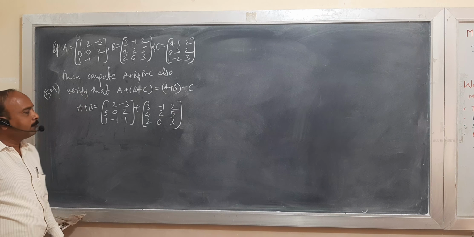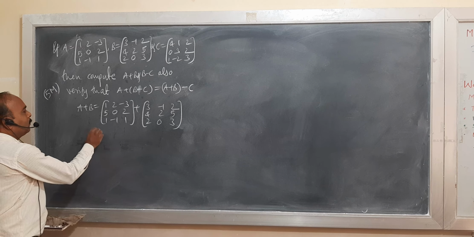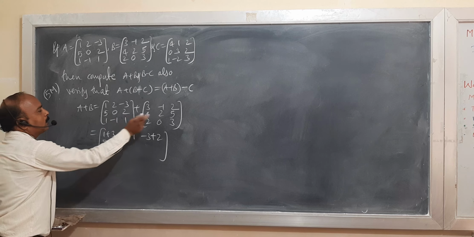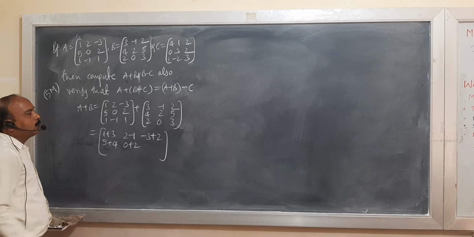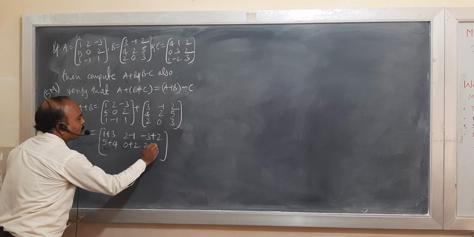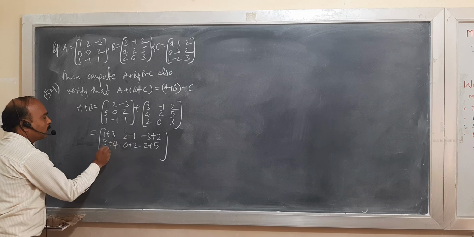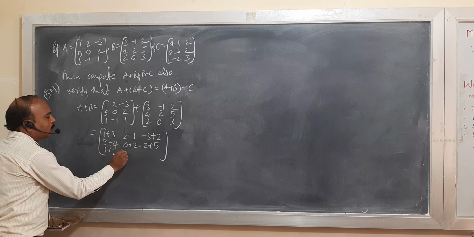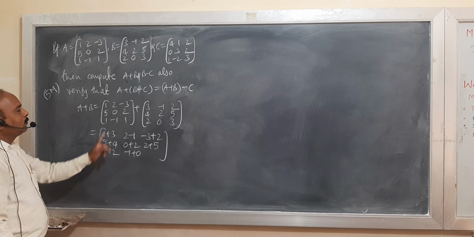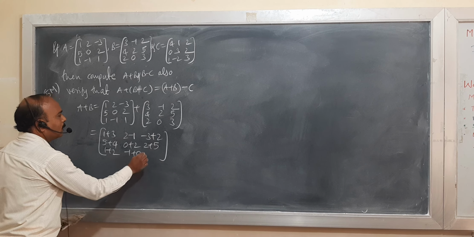Now we can add these two matrices by addition of corresponding elements. 1 with 3, 1 plus 3; 2 with 1, 2 plus minus 1; minus 3 plus 2; 5 with 4, 5 plus 4; 0 with 2, 0 plus 2; 2 with 5, 2 plus 5; 1 with 2, 1 plus 2; minus 1 plus 0; and 1 plus 3.